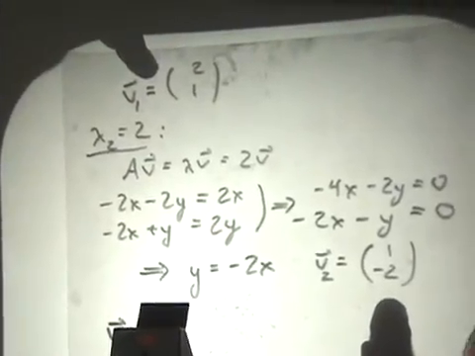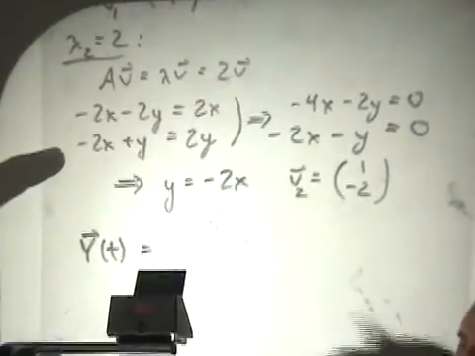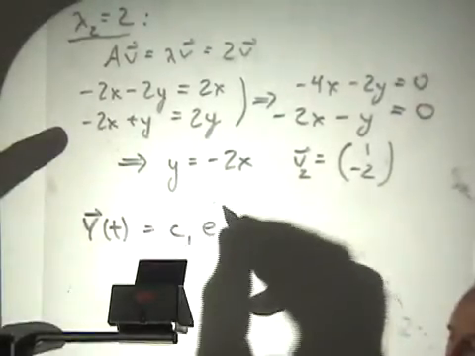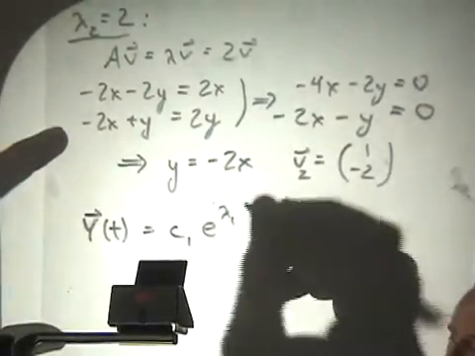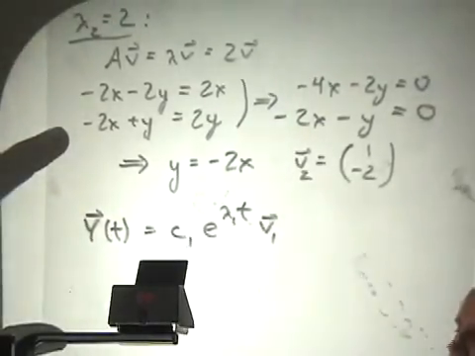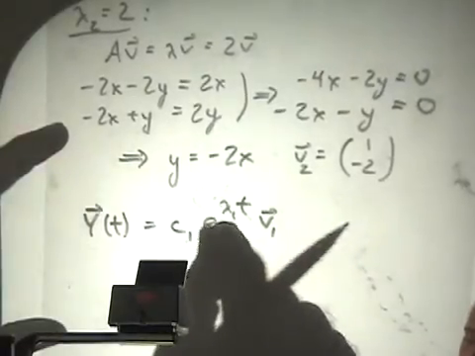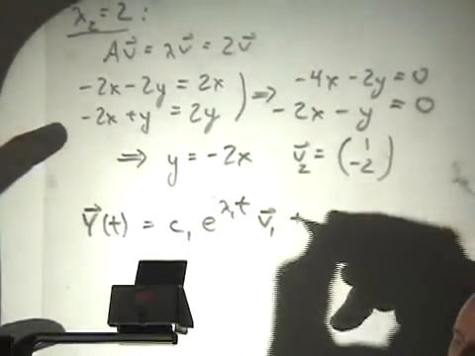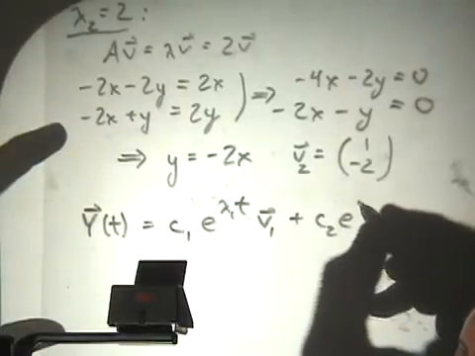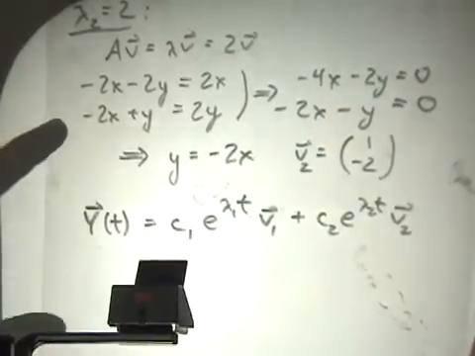When that happens in the 2 by 2 case, this is going to be the form of your general solution. An arbitrary constant times e to the lambda 1 t, where lambda 1 is the first eigenvalue, multiply that times the vector v1, where v1 is an eigenvector corresponding to the eigenvalue lambda 1, and then add another arbitrary constant times e to the lambda 2 t times v2.